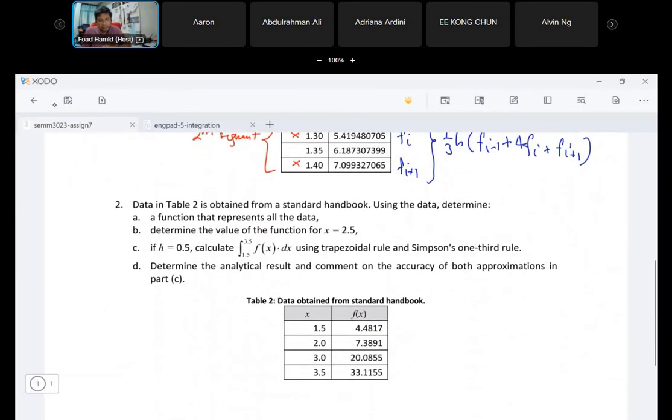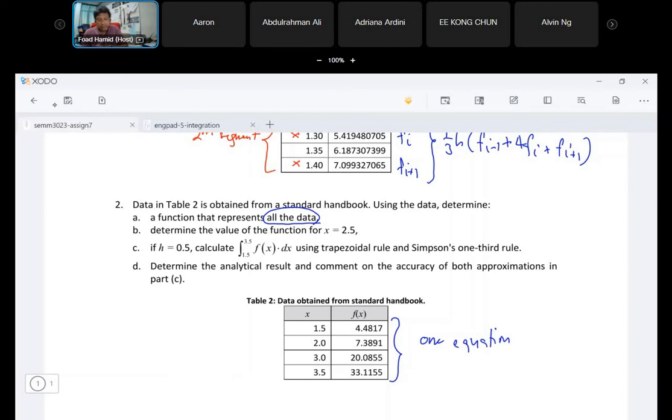Data in table 2 is obtained from a standard handbook. Using the data, determine a function that represents all the data. Remember, someone asked me, is the function for just two points only? No, I said it's all the data here. All these data points will have one equation, one function that represents all this data.